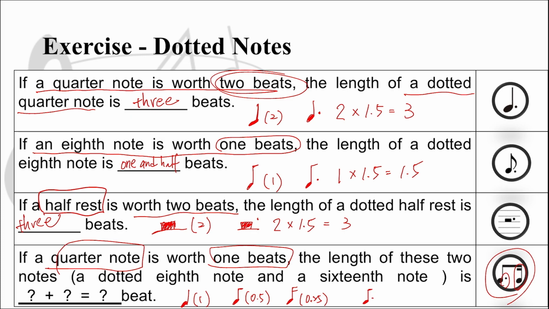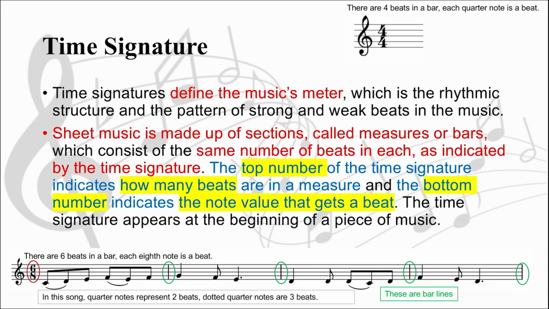So we need to know this dot equals 0.5 multiplied by 1.5, which equals 0.75. So it will be 0.75 plus 0.25 equals 1 beat.